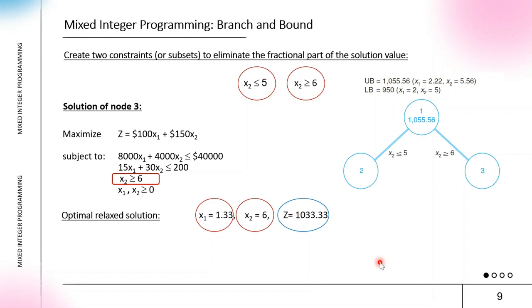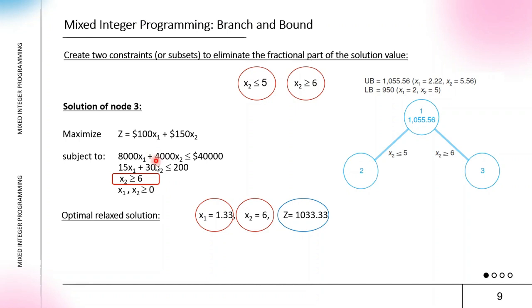We move to node 3 with the constraint x2 must be greater than or equal to 6. Again, we have to add this new constraint in node 3 to the relaxed LP form of the optimization problem. This process creates another relaxed LP form of the optimization problem, and solving it gives an optimal solution.